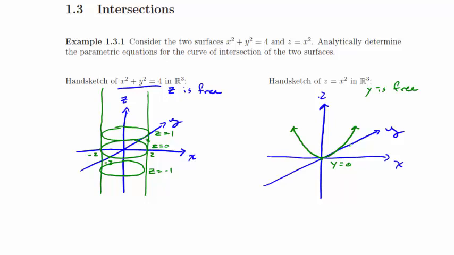If y is 1, we'll get the same kind of parabola but over here. If y equals negative 1, we'll get the same parabola, but it will be starting over here.